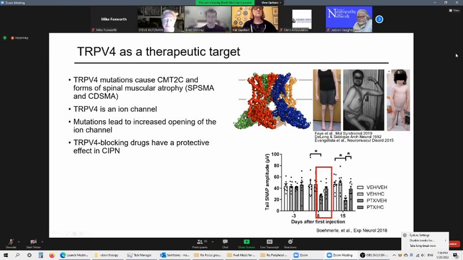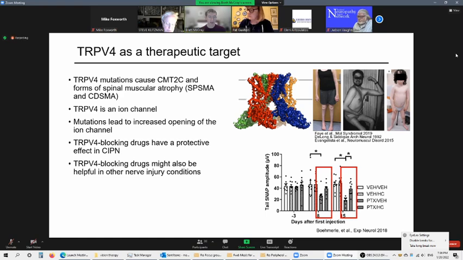If you also give a drug that blocks TRPV4, that response stays normal, and so it prevents the onset of the neuropathy. And so what we're studying is whether these TRPV4 blocking drugs might be helpful in other situations where nerves are injured. It's been shown that it might be beneficial in stroke, traumatic brain injuries, traumatic spinal cord injury, and we're curious whether it might be helpful in peripheral nerve injury situations.